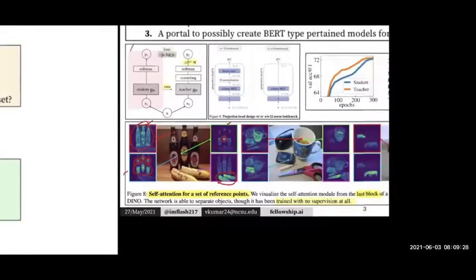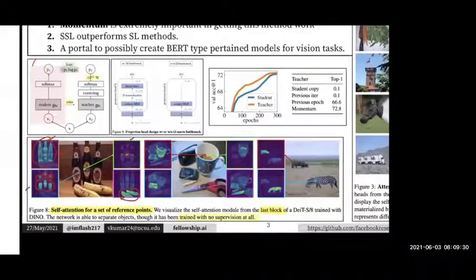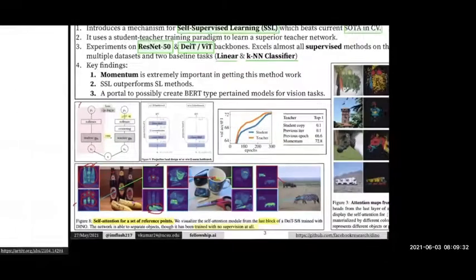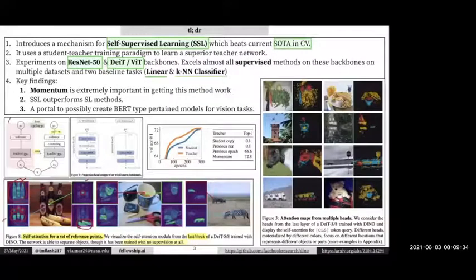And you can see across the different results that are shown here, and we will talk about it more in depth later as well. So in a nutshell, what this paper tries to do is come up with a pipeline very similar to what BERT has.